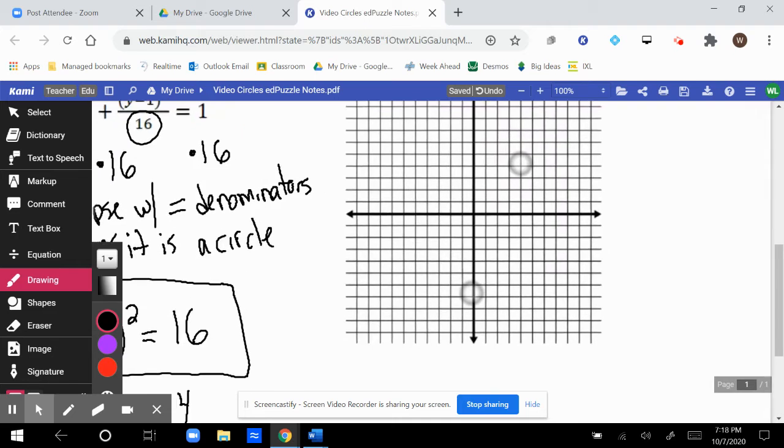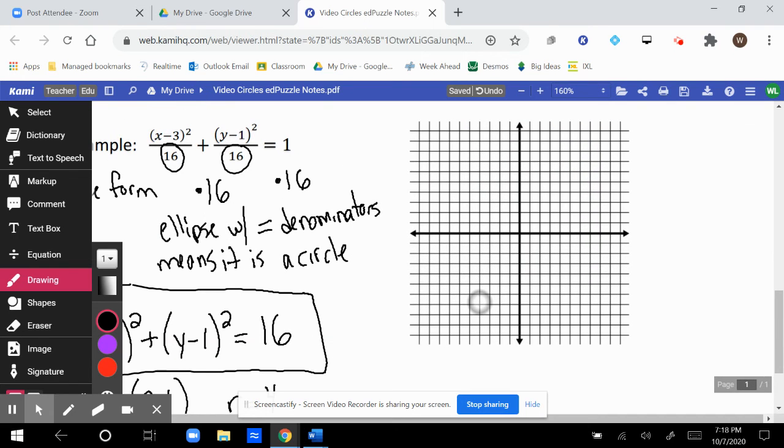All right, and now a little refresher on graphing a circle. Start with your center point. So I go 1, 2, 3, 1. My center was at 3, 1. Now the radius is 4, so you're going to go up 4, down 4, left 4, and right 4. Okay, so you just really need those 4 points. Now you can draw your circle.